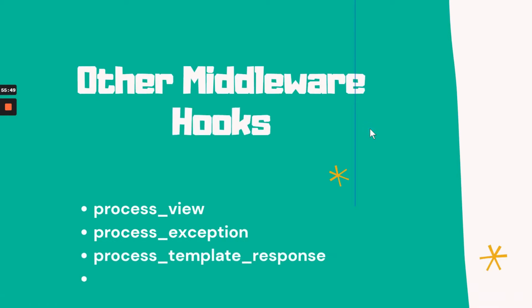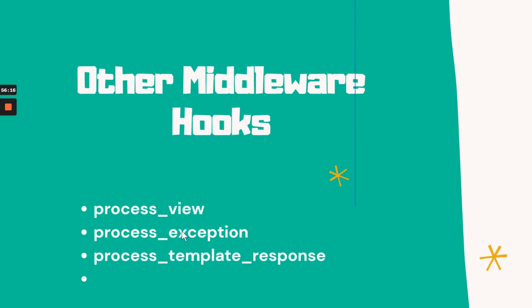So these are the few more hooks that are available. Inside the middleware class you can have process_view, which is called just before Django calls the view. You can have it separately also, like in the call you can call it just before your response line. Whatever code you write there will be called before your view. And process_exception is the hook that is processed on exception.